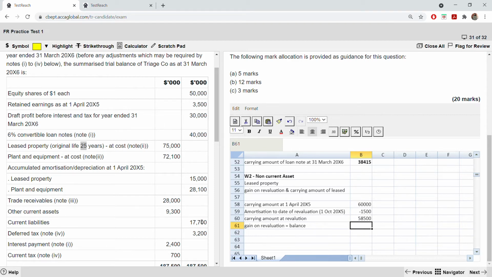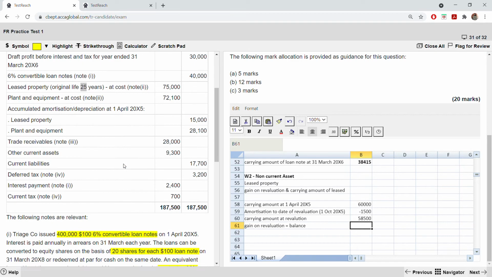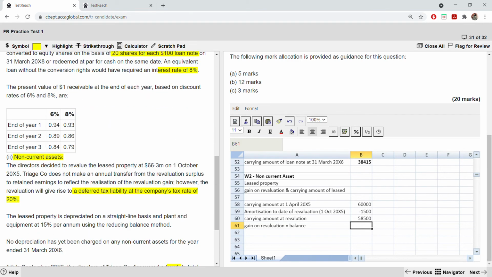Let us check here. How? The directors decide to revalue the lease property at 66.3 million. So this we cannot find out. Before you find this out, write this here. It will be 66,300. This is the revalued amount. That's what they told. So revaluation, at which date?